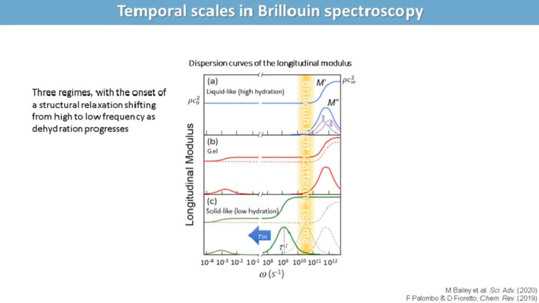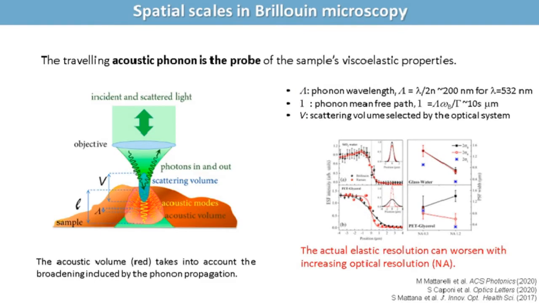When we look at the frequency scale here, we are sensitive to the shift in the structural relaxation that is inherent to the material itself and depends on the hydration state, on temperature, and so on. So temporal scales, but also spatial scales, are important when considering acoustic phonons. That is the probe. It's not light; the probe is the acoustic wave.